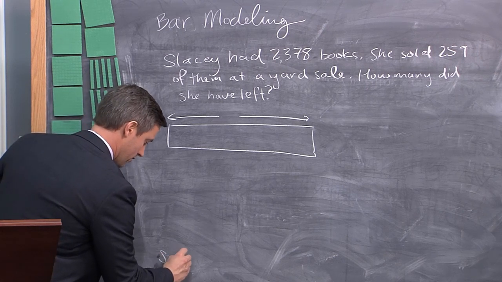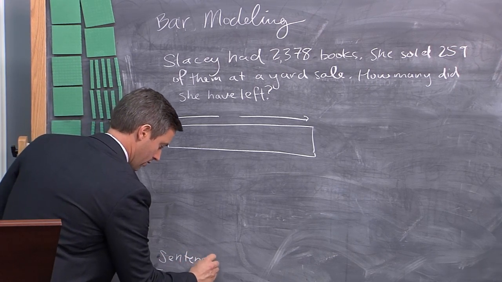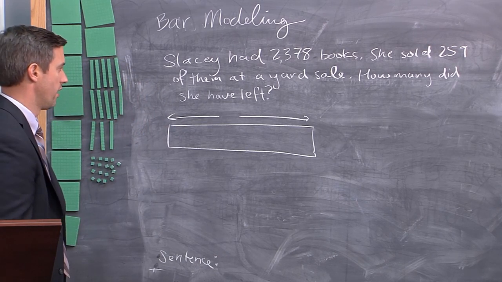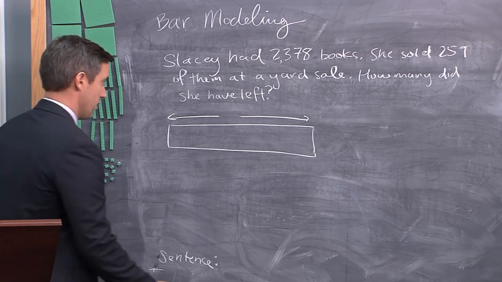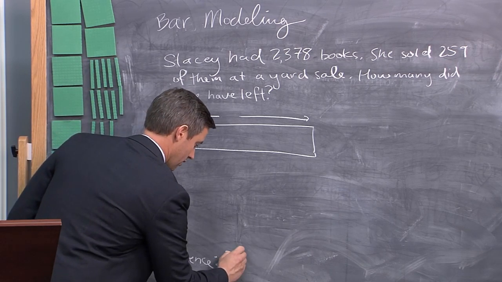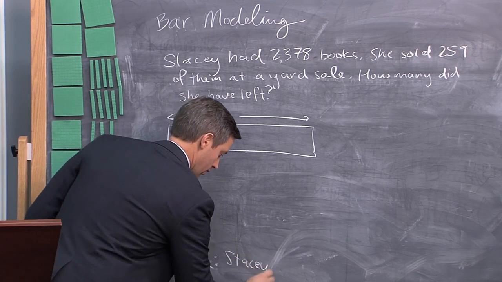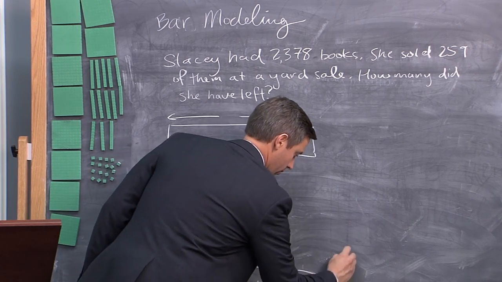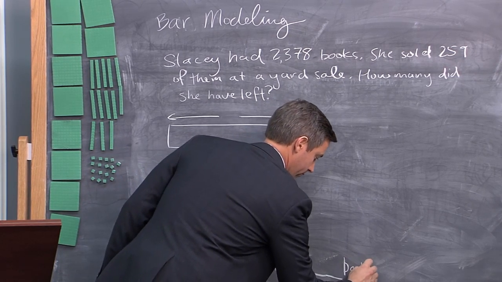So my sentence is down here. And how many did she have left? You would write: Stacy had blank books left.